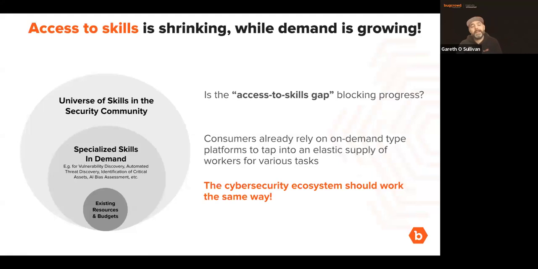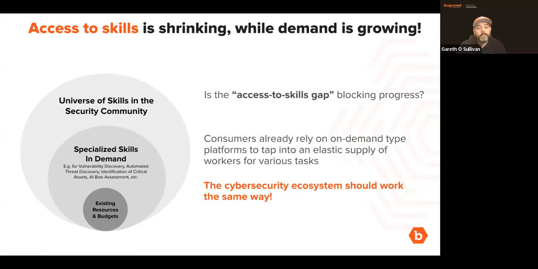What does it give back? One of the significant benefits of crowdsourced security is access to skills, which we keep hearing is shrinking. Access to the right type of experts to help identify those gaps is shrinking, while demand for those skills is growing all the time.